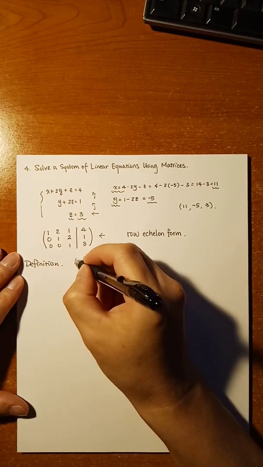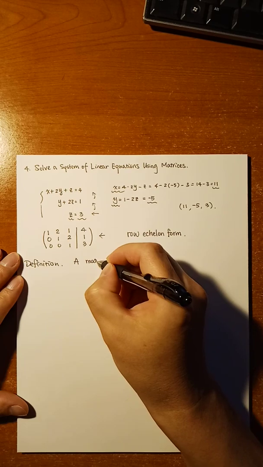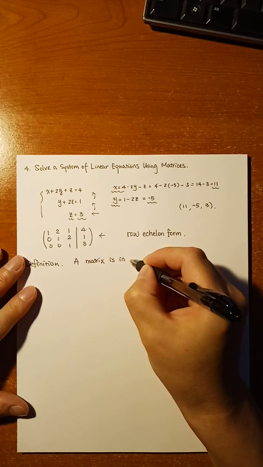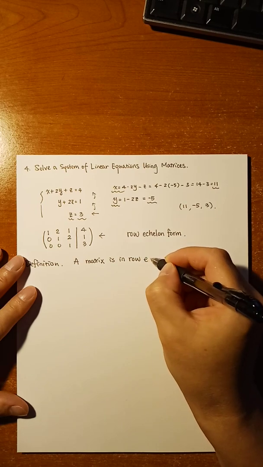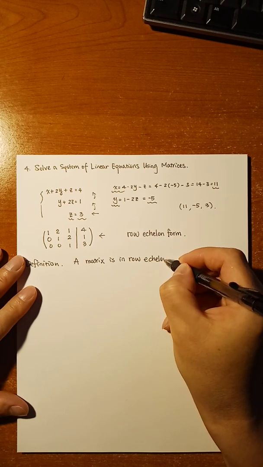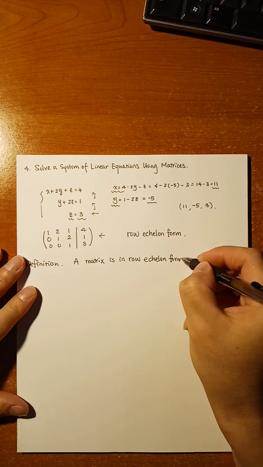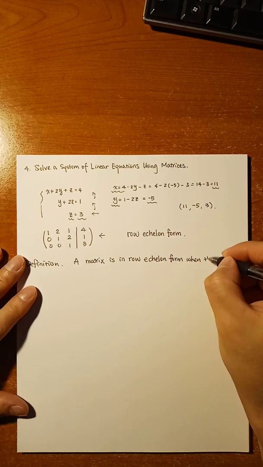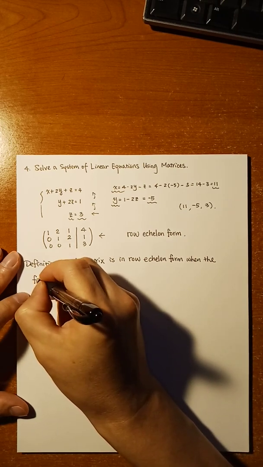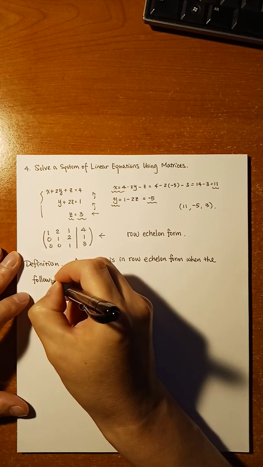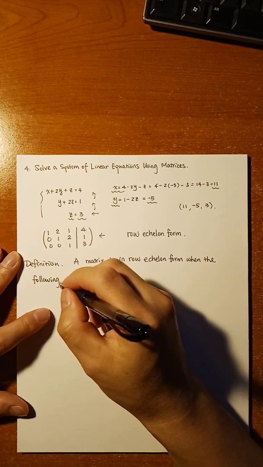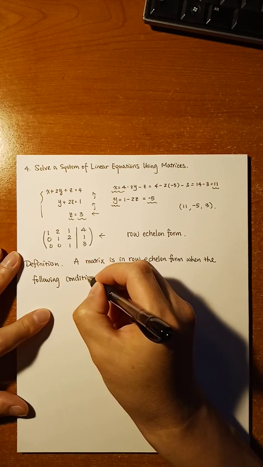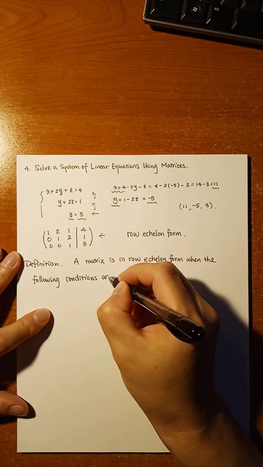A matrix is in row echelon form when the following conditions are met.